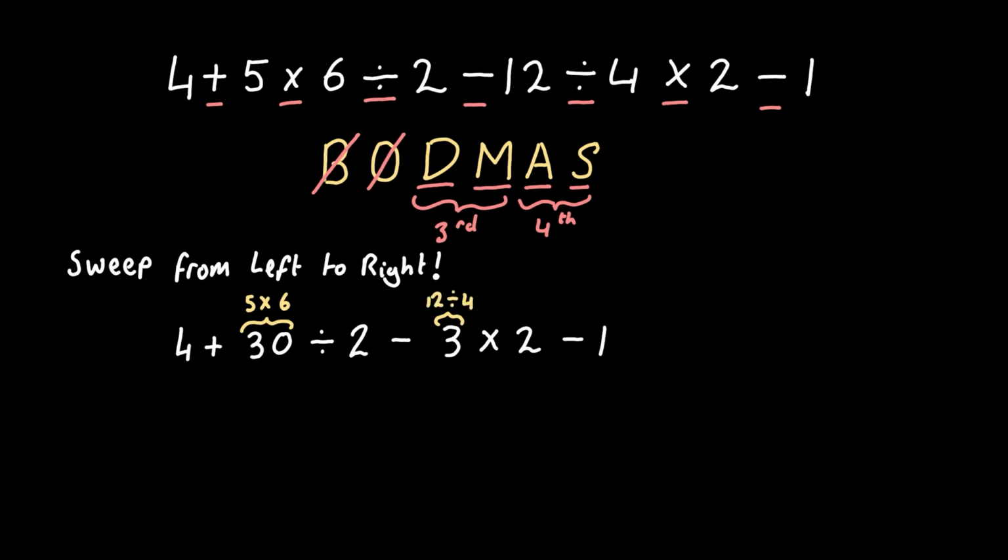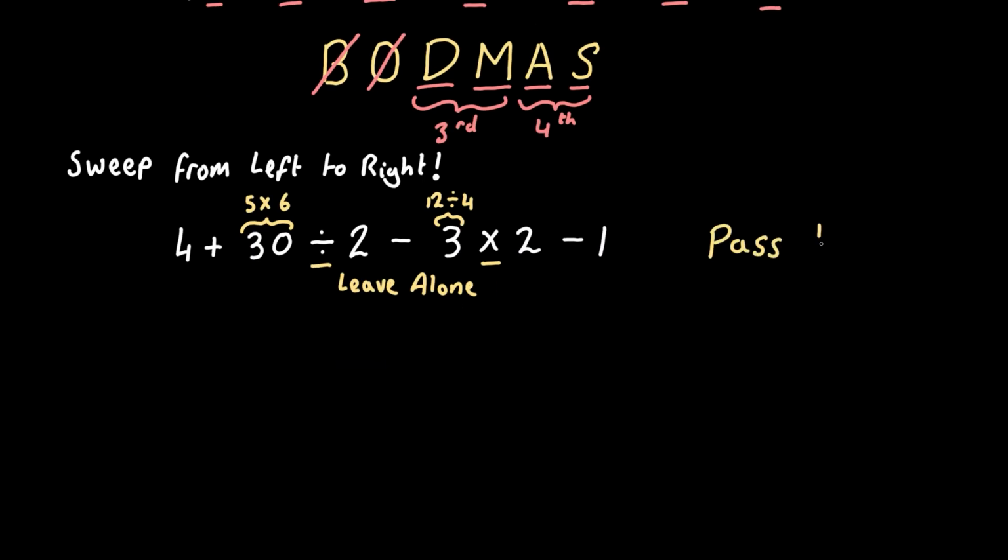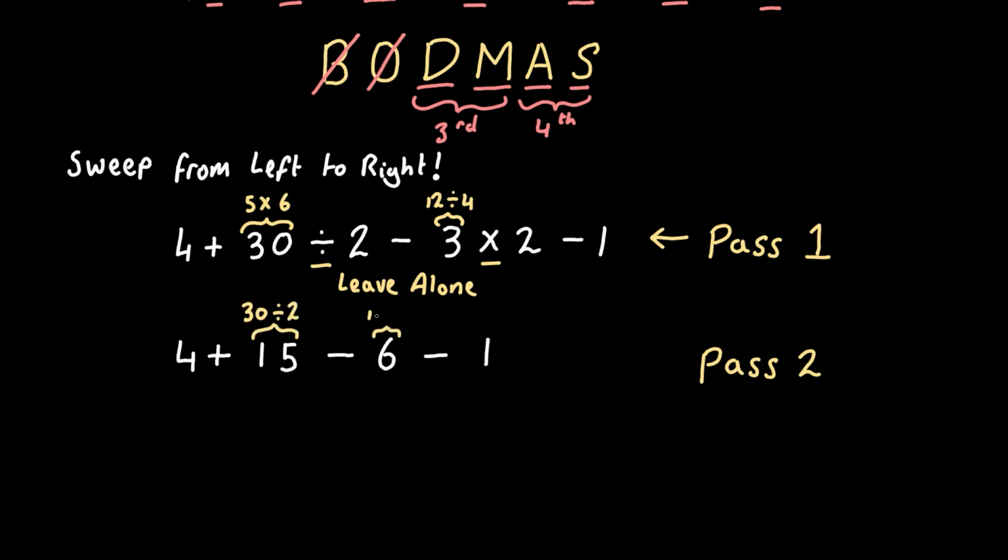Because we are evaluating division and multiplication as they are encountered, we divided 12 by 4 first, leaving the times 2 alone. The second pass from left to right produces 4 plus 15 minus 6 minus 1. Now we can tackle the addition and subtraction in the third sweep. So we get 19 minus 7, and finally we get the answer of 12.